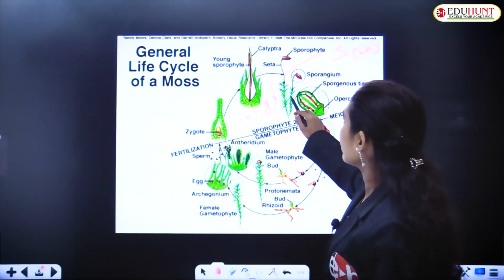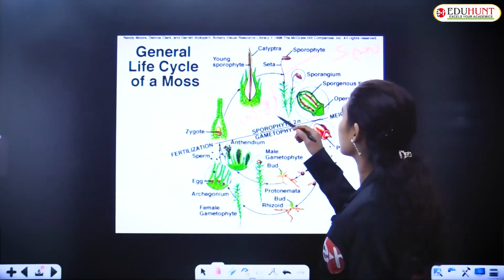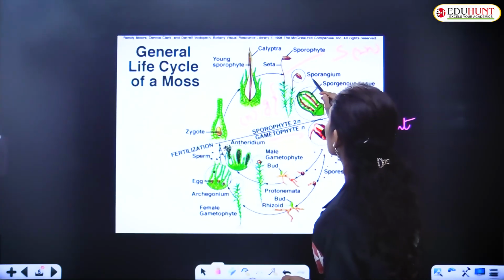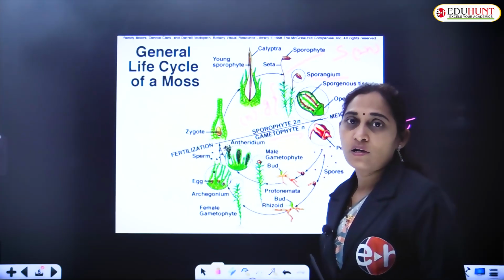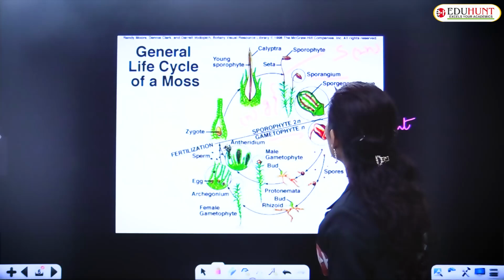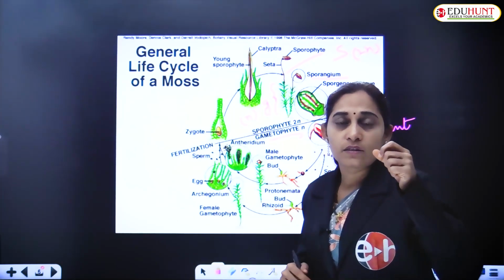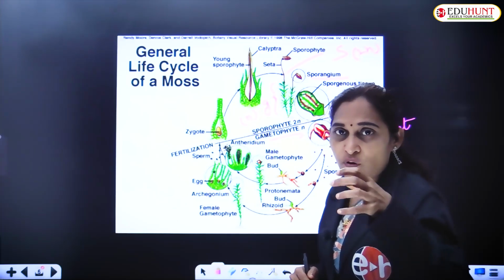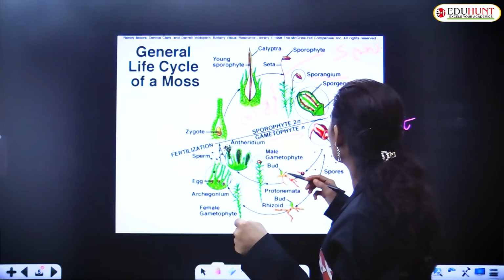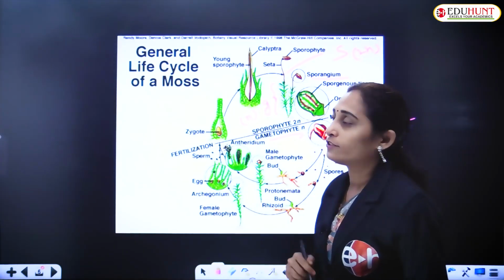This haploid phase, after fertilization, gives rise to the diploid phase called the sporogonium or the capsule, and this capsule encloses the spore sacs which produce spores which are haploid in nature.